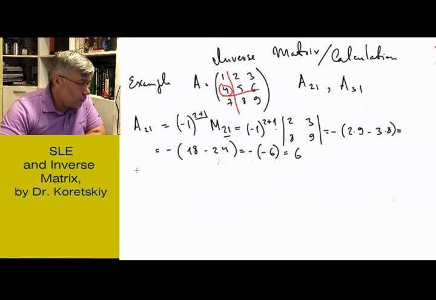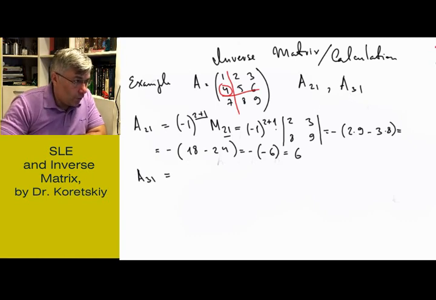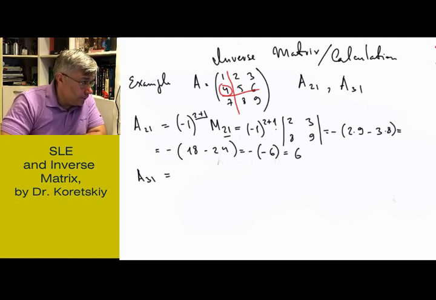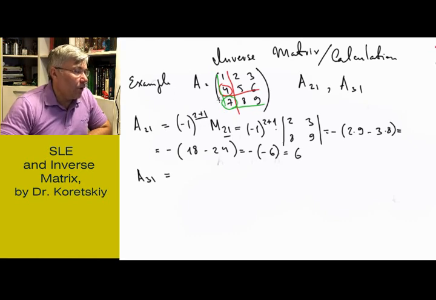And now the last one thing here, A31 equal, so the third, I use here green ink, 3, 1. So the third row, the first column, this element, these lines I have to cut out.